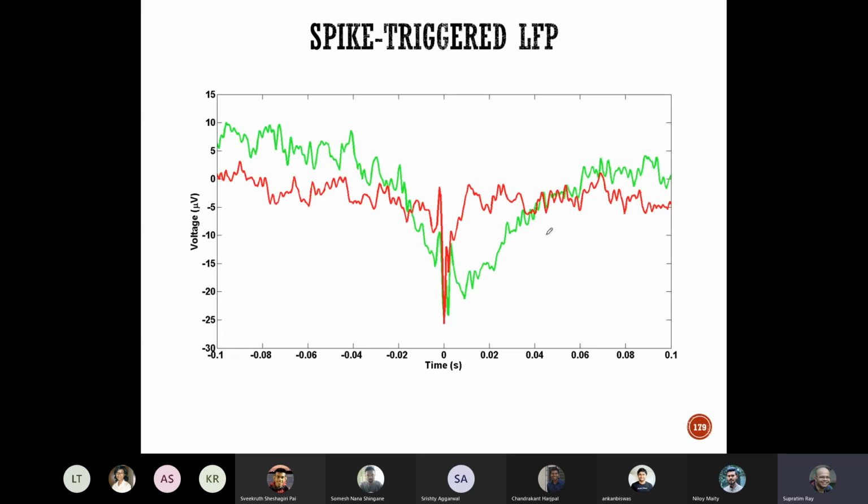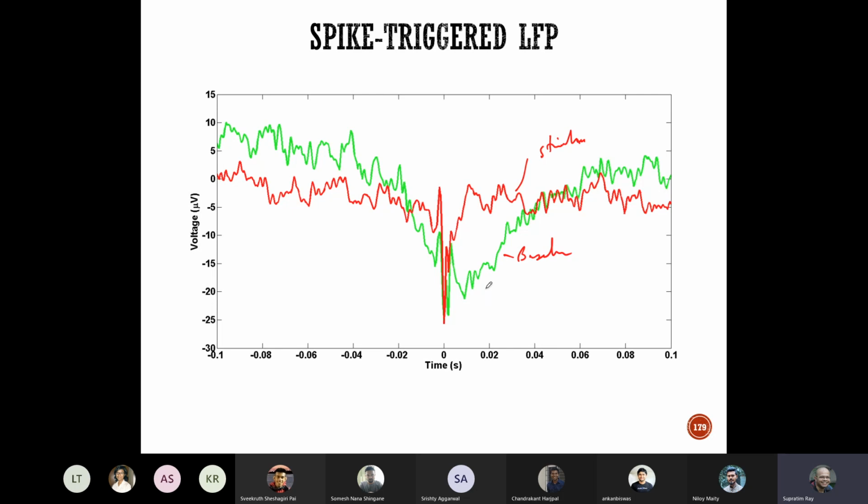This is again for the line. This is for the stimulus. So these are spikes recorded in the stimulus period, and this is in the baseline period. Notice, first of all, that during the baseline period there's this slow wave. This is actually the alpha rhythm.